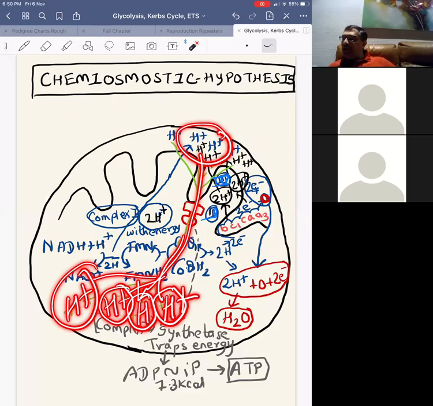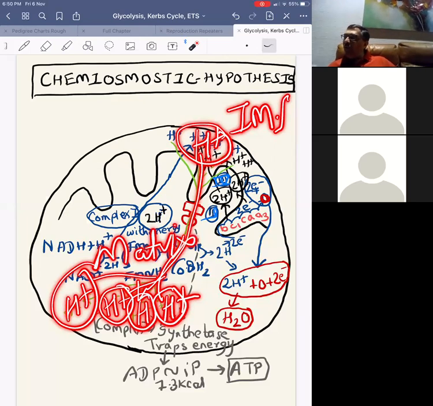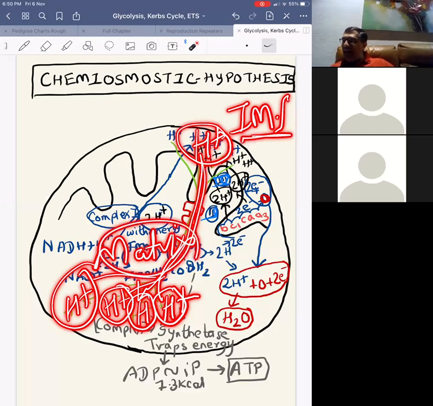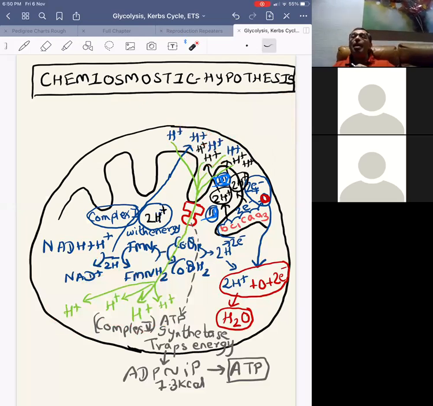So protons will now go from intermembranous space back into the matrix. And as these protons go back into the matrix, where will they pass through?